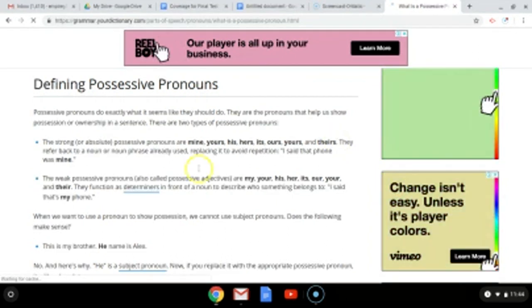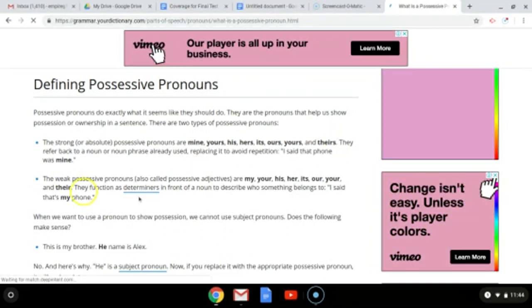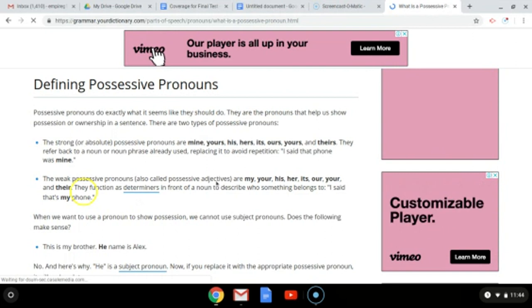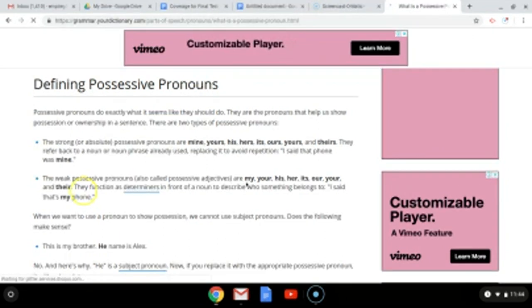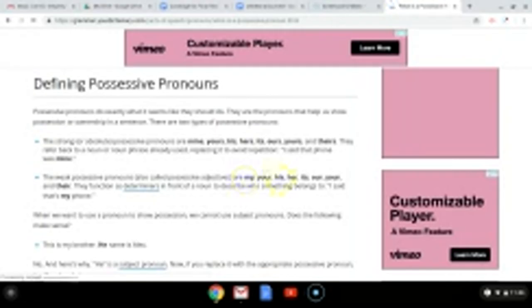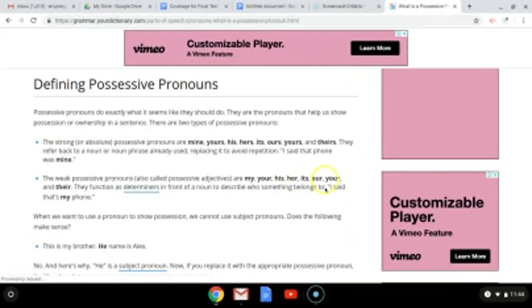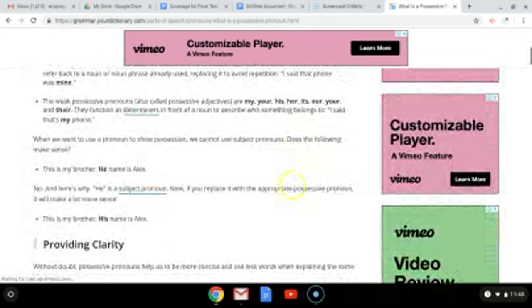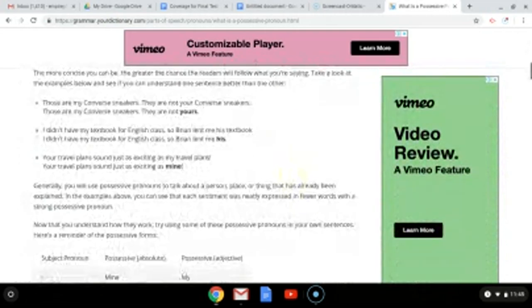The weak possessive pronouns are called possessive adjectives: my, your, his, her, its, our, your, and their. Those are examples.